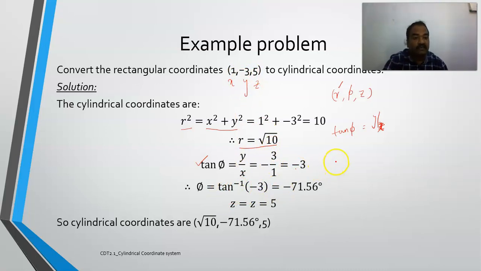And one more thing which I am supposed to mention here. See, this is a cos component and this is a sine component, right? So if you carefully see, you should be very careful in doing these things. See, this is the cos component which is positive and this is the sine component which is negative. Now normally if I do tan inverse of minus 3, I will get somewhere around 71.56 degrees, right? So I will do just tan inverse of 3.